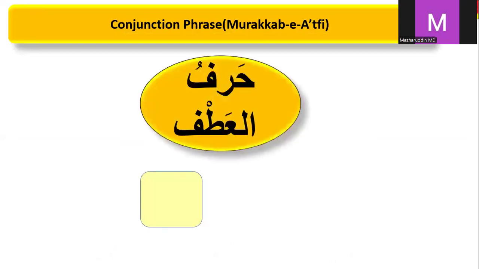In the conjunction phrase, there are three parts. A conjunction joins either two words or phrases or sentences.